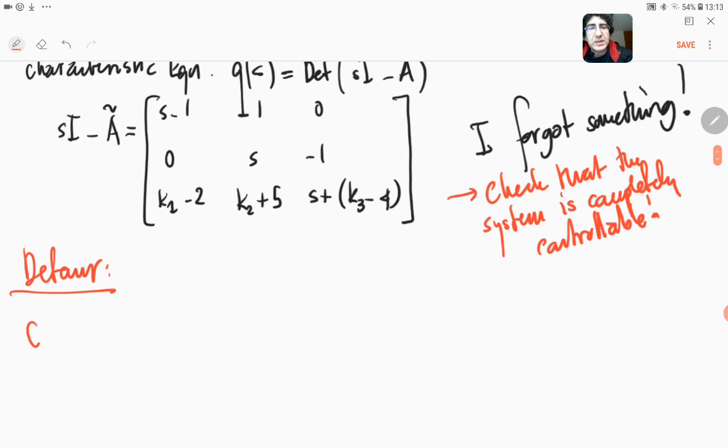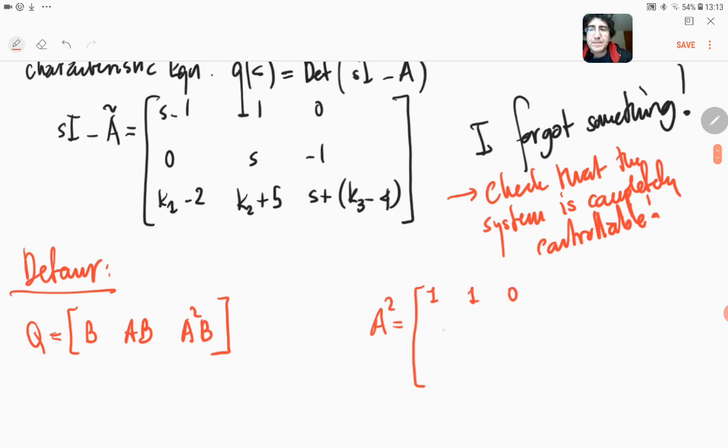The controllability matrix Q is equal to, for a third order system, B, AB, A squared B. Now let's first calculate A squared. The A squared matrix, you can just simply multiply A with itself to find the square of that. 2 minus 5, 4; 1, 1, 0; 0, 0, 1; 2 minus 5 and 4.